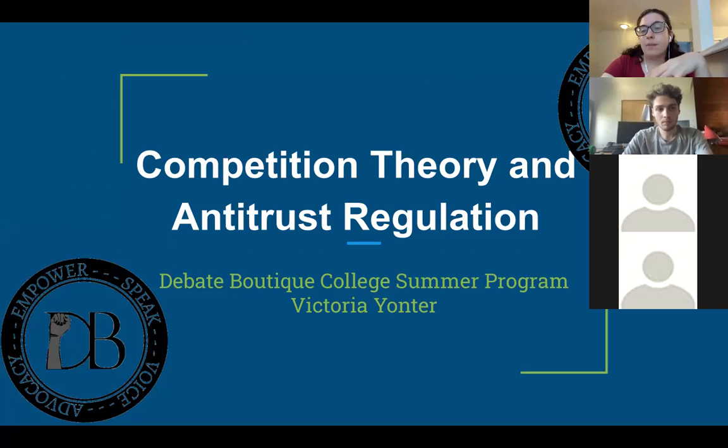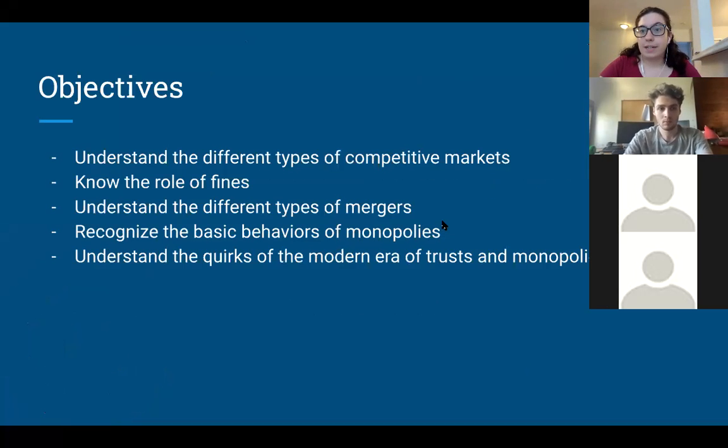And then, I guess we go to the objectives, talking about fines and how antitrust is regulated, briefly, because that was a lot in the topic lecture. Then understanding the different mergers and how some of this monopolistic competition takes hold, and the behaviors of monopolies and how they act in the economy.